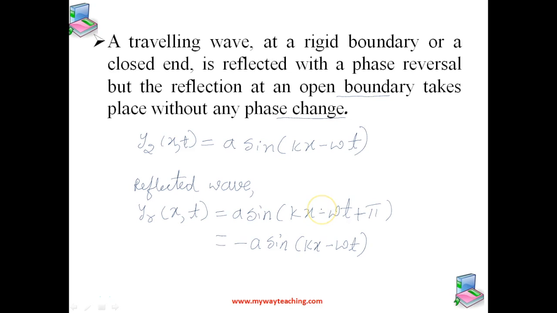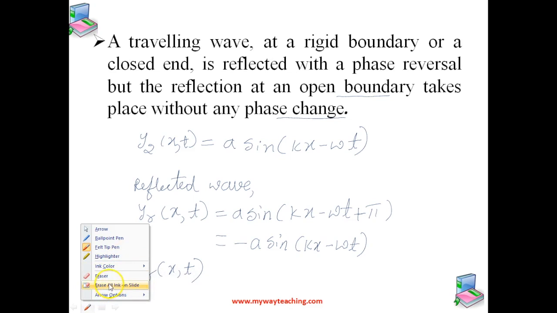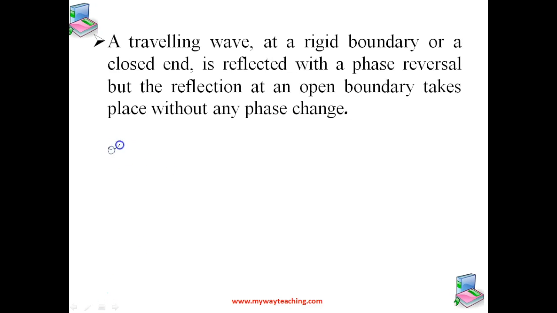At an open boundary, the reflected wave is given by, open boundary means if the wall is not completely rigid, the other case that we studied now, the reflected wave is not inverted in that particular case. So that reflected wave is the same as that of the incident wave, because there is no phase difference between the incident wave and the reflected wave in the open boundary case.